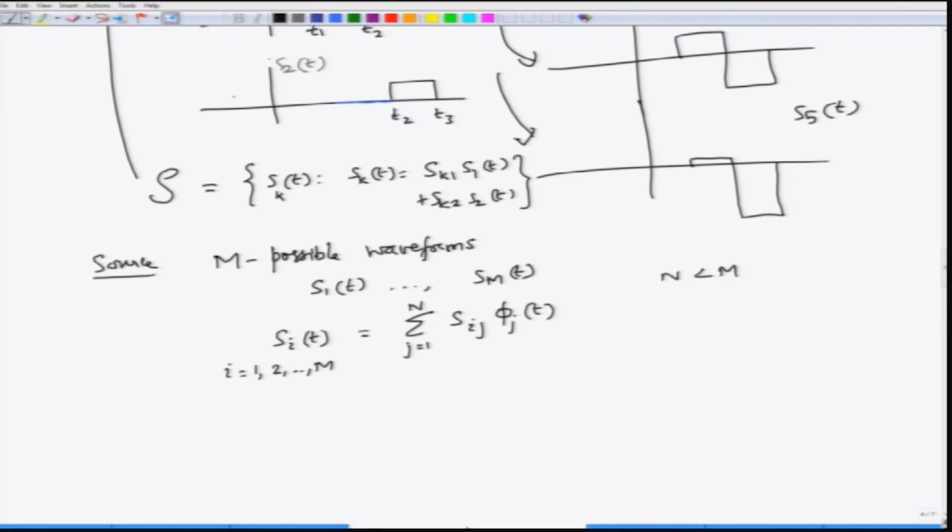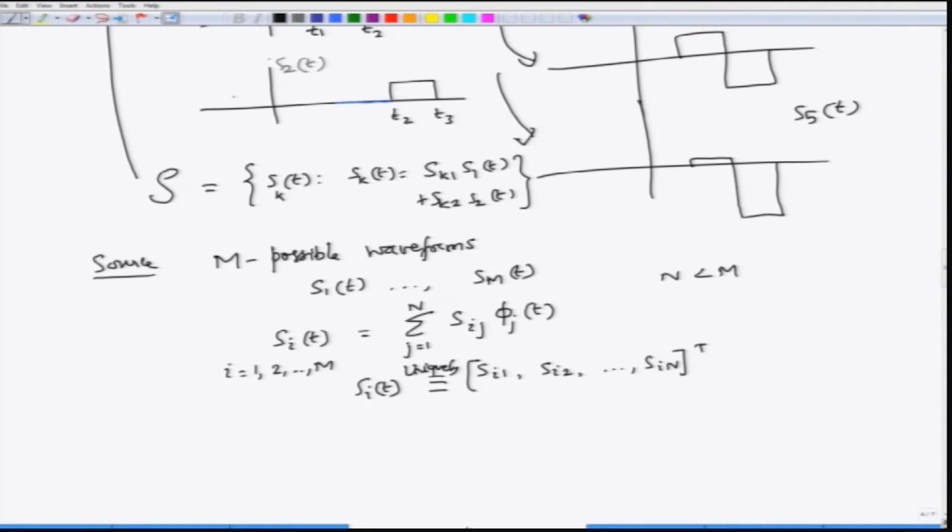Si of t can be specified by writing it as Si1, Si2 and so on up to Sin, the transpose just to show the column vector. So, this particular thing uniquely specifies the signal Si of t.